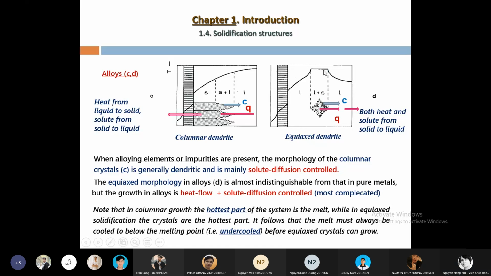It means the liquid, the melt, must be undercooled, so the equiaxed crystal can be formed and developed. A very, very important feature of the equiaxed solidification.